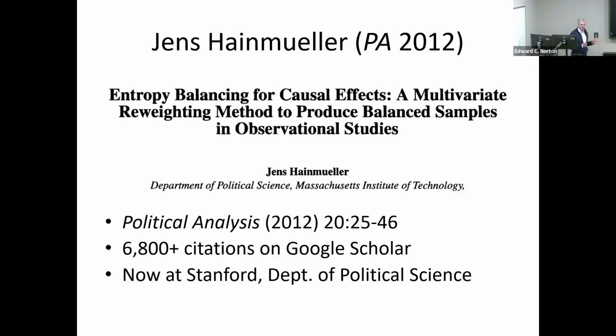So now we're going to move on and just talk about entropy balance. In 2012, Jens Hainmueller published this paper in Political Analysis that has almost 7,000 citations, and the number of citations goes up year over year by a lot. He's a political scientist now at Stanford, and this has been a method that has been growing in popularity for very good reasons.